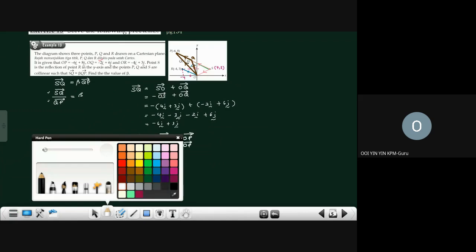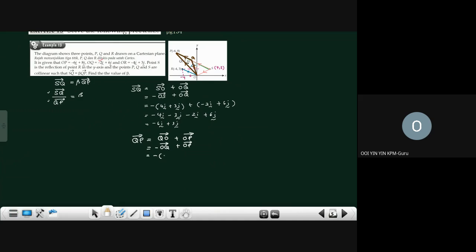Okay, your OQ is negative 2i plus 6j. And then our OP here is negative 6i plus 8j. Okay, then simplify this, you get 2i minus 6j, and then minus 6i plus 8j.